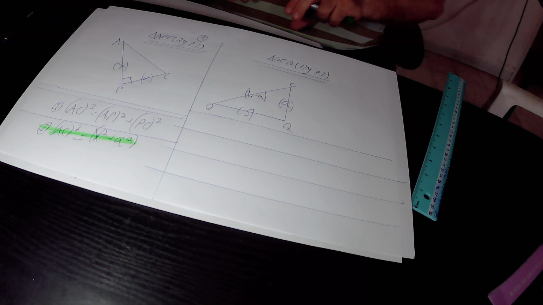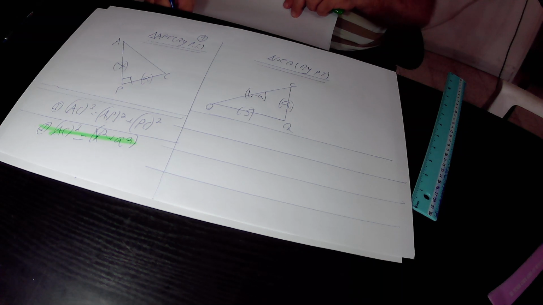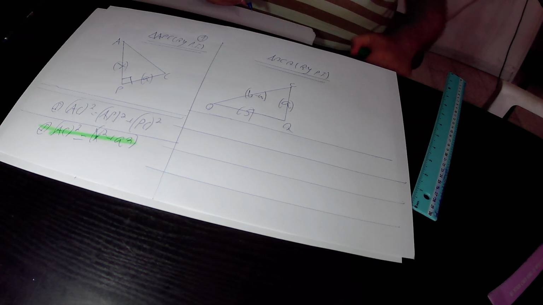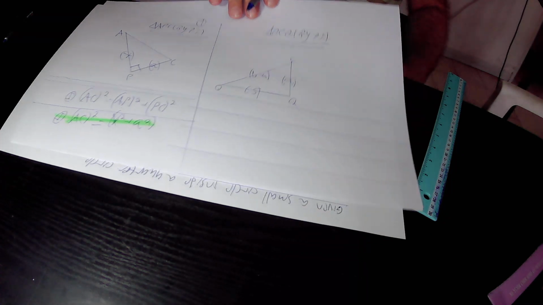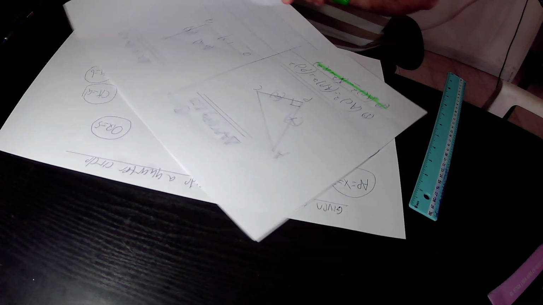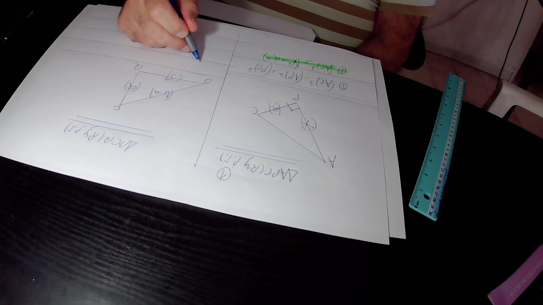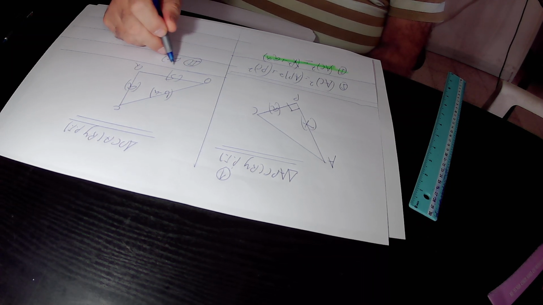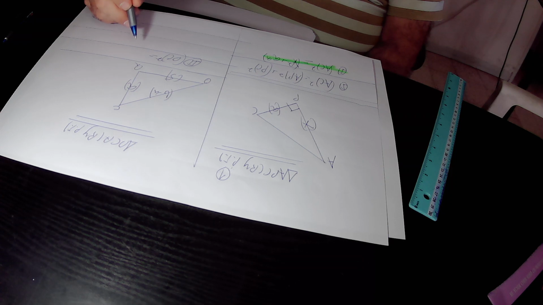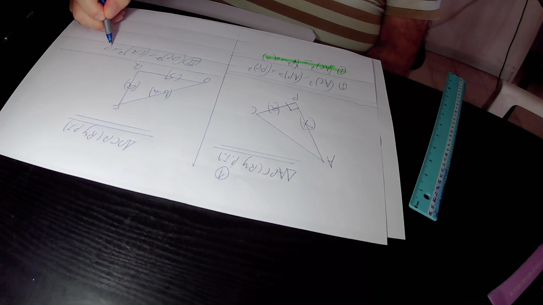According to the Pythagoras theorem, in this right triangle OCQ, OC squared, that is the square of the hypotenuse, equals CQ squared plus QO squared. So I write it down. This will be equation 2. OC squared, that is the square of the hypotenuse, is equal to CQ squared plus OQ squared.